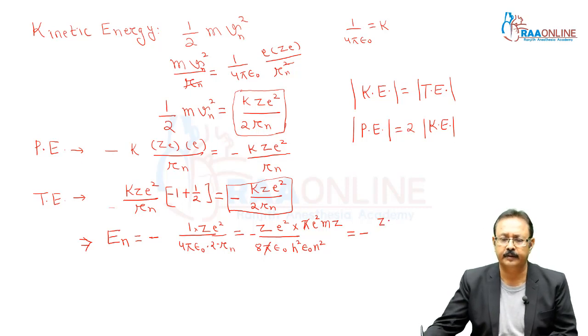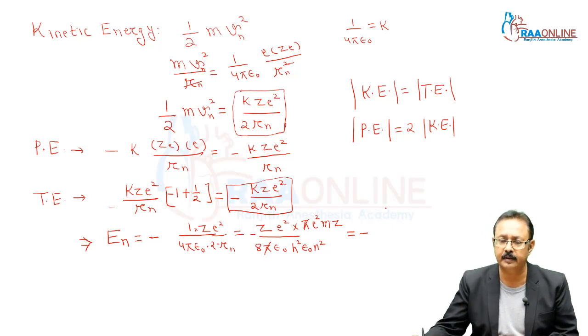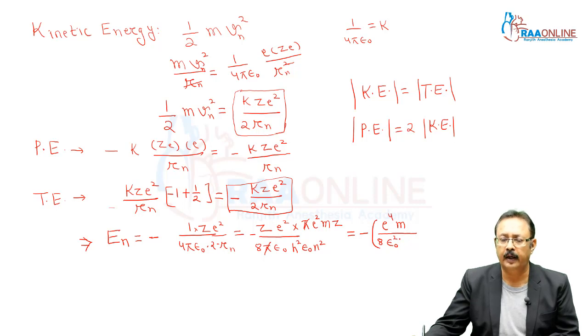Pi with pi cancels, minus is as it is. Removing z, I will write it in the last. So in the bracket we get e raised to the power 4 into m divided by 8 epsilon naught square h square.